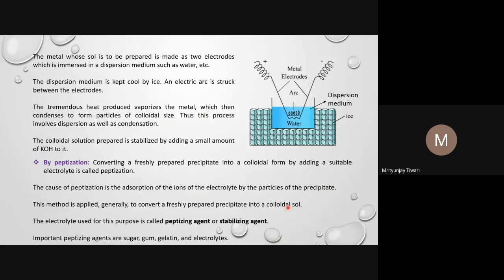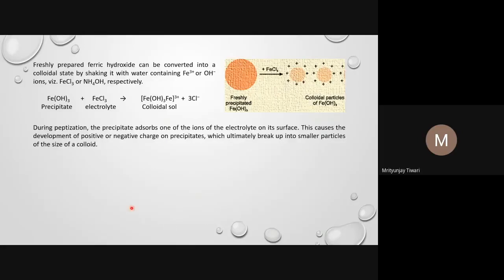So the electrolyte is called peptizing agent because this is stabilizing, this is making the colloid. So this is making the peptidation process happen. Important peptizing agents could be electrolytes or maybe the sugar, gum, gelatin as well.